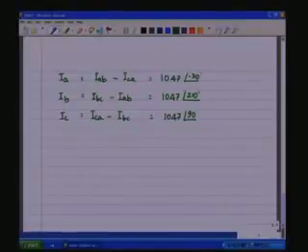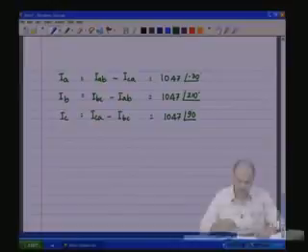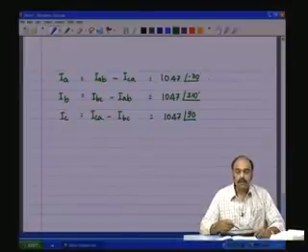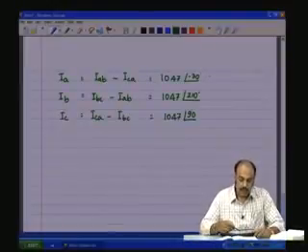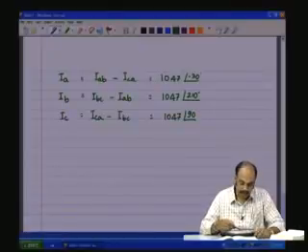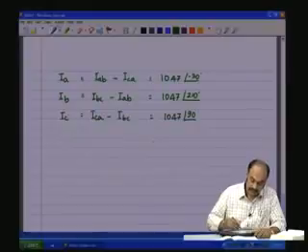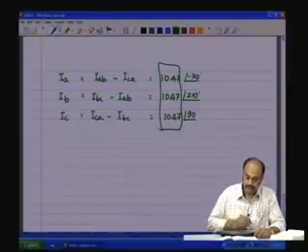So, you will see that there is a phase difference of 120 degrees between the three phases of the line currents, and the line currents are balanced.